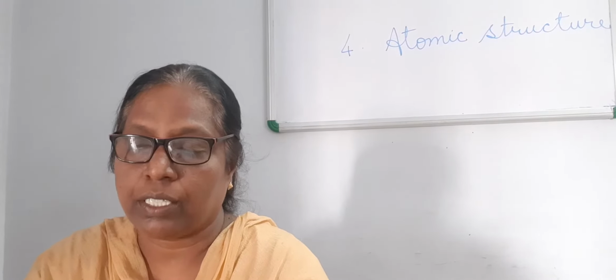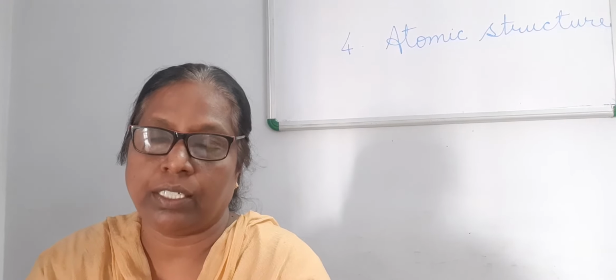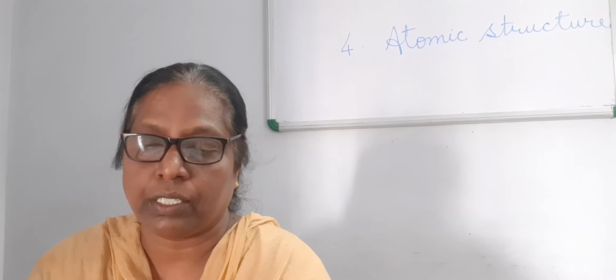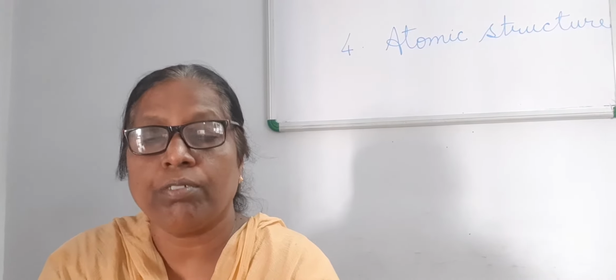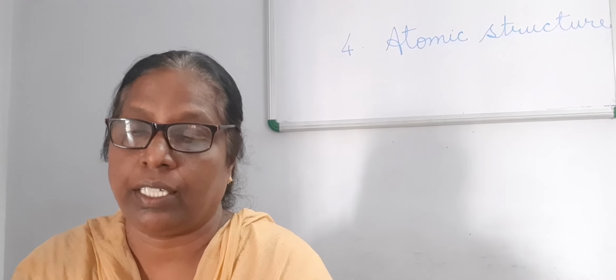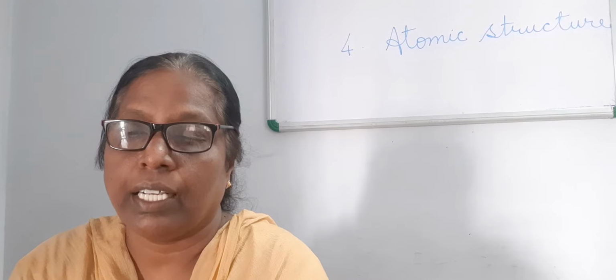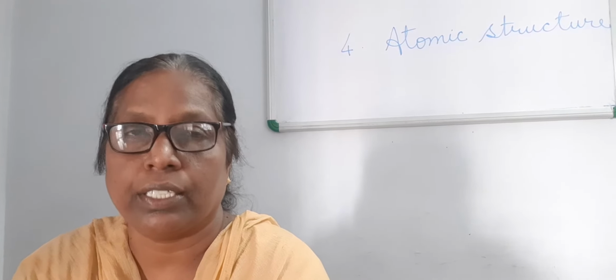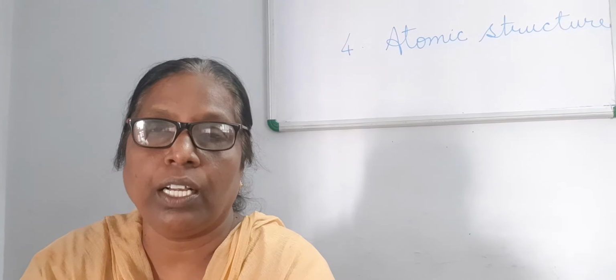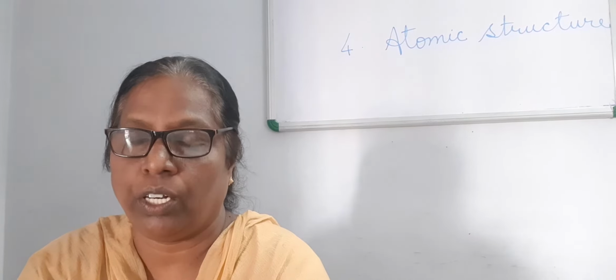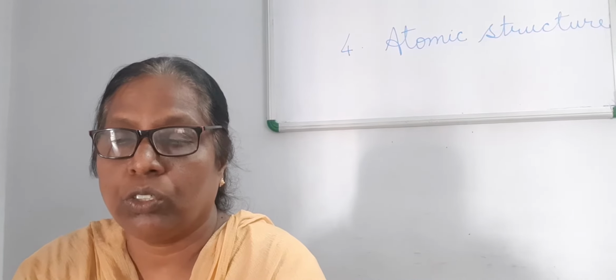Alpha particles are helium ions, that is He2+, having 2 units of positive charge and 4 units of mass. He took helium ions. And the alpha particle scattering experiment gave the following result. He allowed the alpha particles to pass through the thin gold foil.